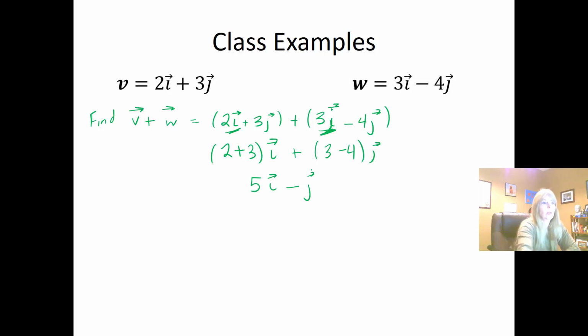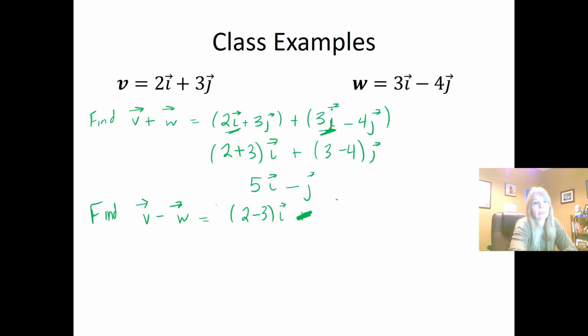All right, if I want to subtract these, so subtracting the two vectors, well then I just do the same thing, but I'm just subtracting. So 2 minus 3, I'm just looking straight up above. And then, oops, sorry, that should be minus, because I'm subtracting the 3 minus 4j. And so, of course, this is going to give me a negative i and a positive j.